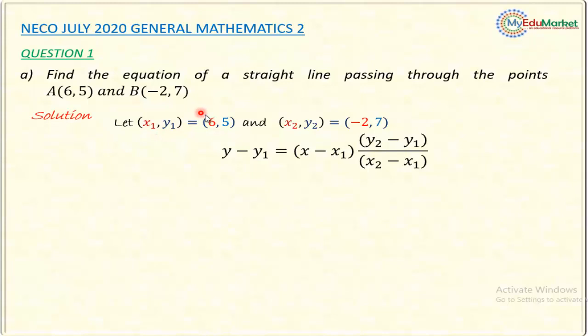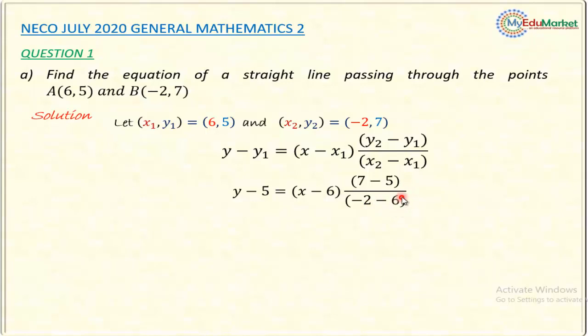From this, x1 is 6, y1 is 5, x2 is minus 2, and y2 is 7. So substituting, I'm going to have y minus 5 equals x minus 6 multiplied by 7 minus 5 over minus 2 minus 6.